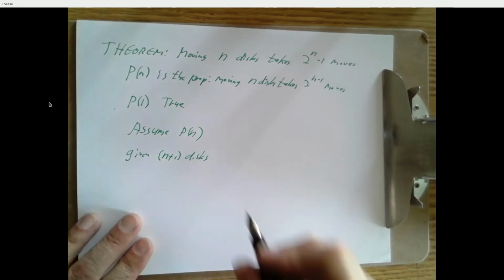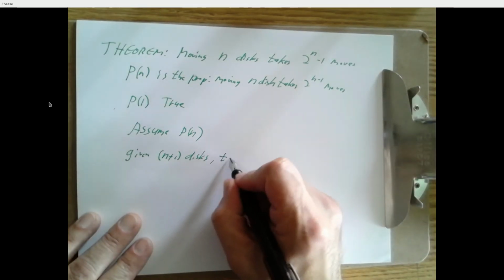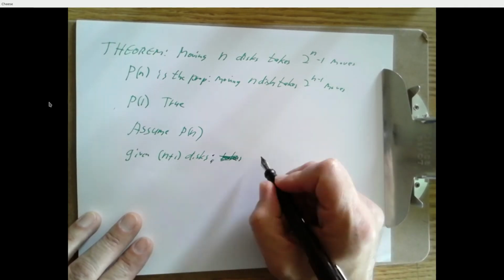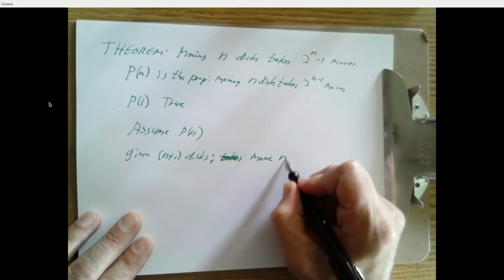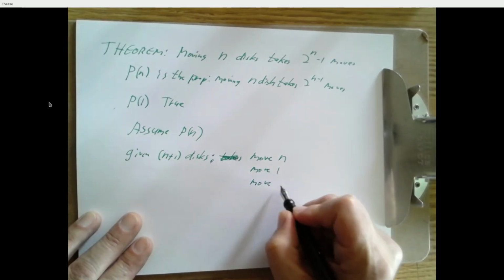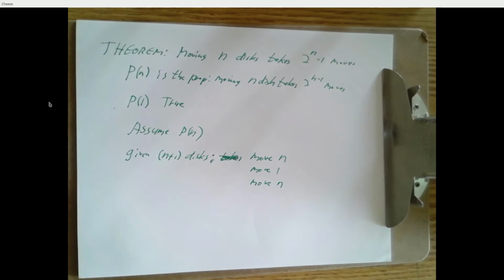So given n plus 1 disks: move n disks, move 1 disk, move n disks. All right, so take the top n and move those out of the way, then move the biggest disk, and then take those top n and move them on top of the biggest.